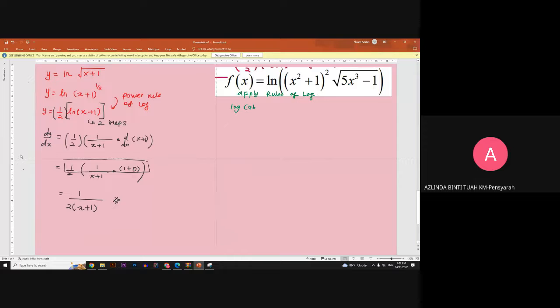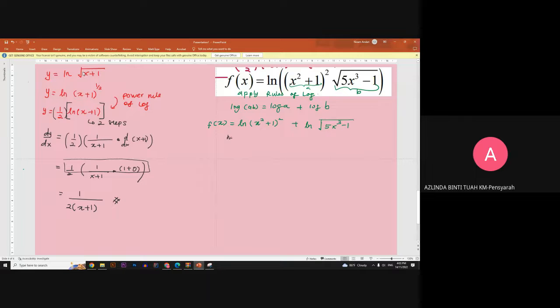Log AB equals log A plus log B. So this is the A and the cube root is the B. So the simpler question is going to be f(x) equals ln x squared plus 1 the power of 2 plus ln the cube root of 5x cubed minus 1. And then after that, I can see that we can apply once again the rules of log, the power rule from before.